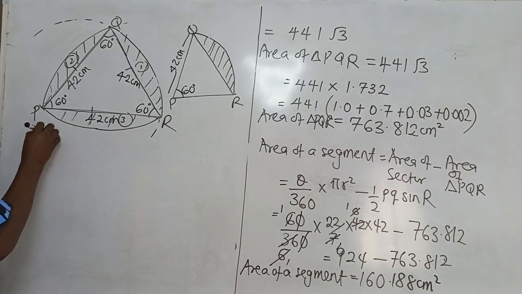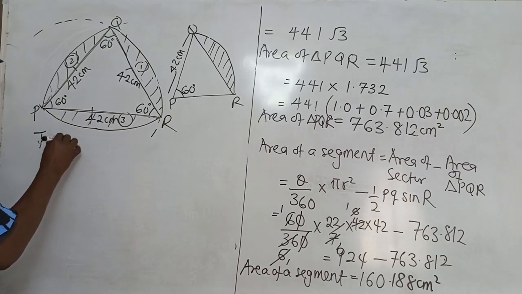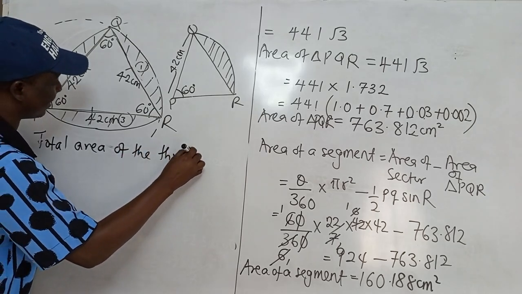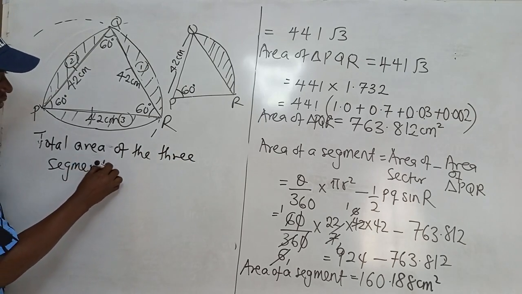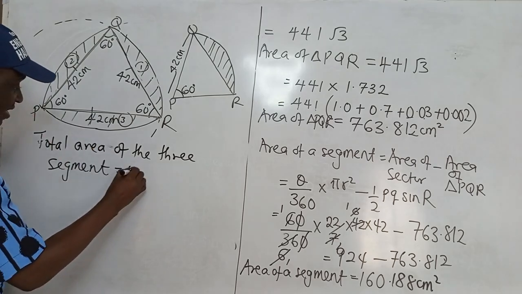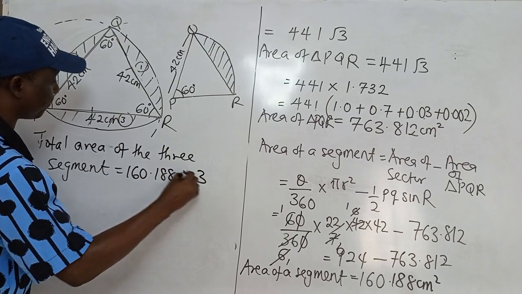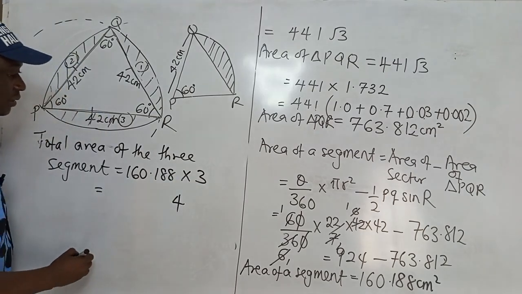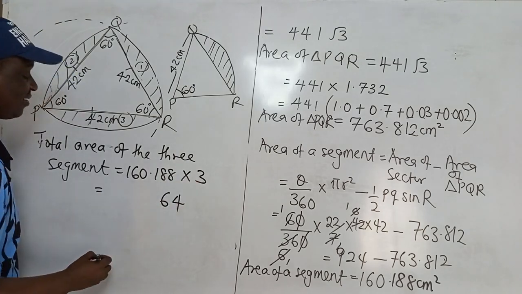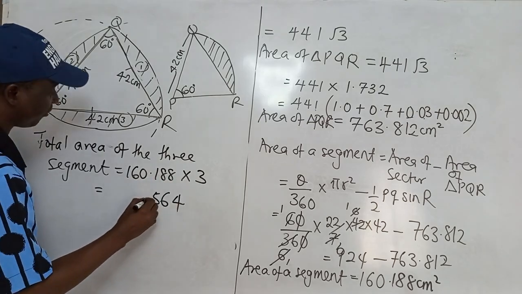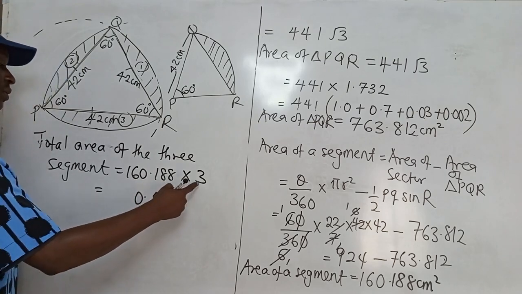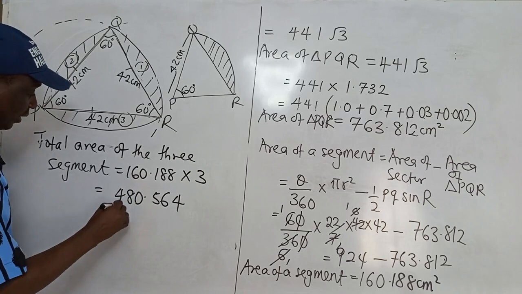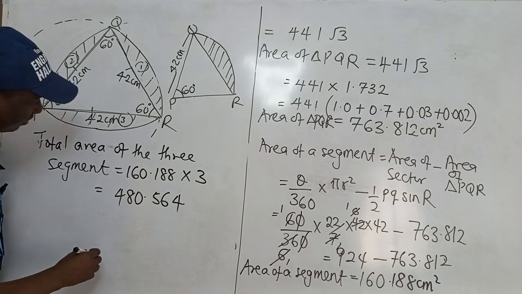To find the 3 segments, the total area of the 3 segments is equal to 160.188 times 3, which gives 480.564.